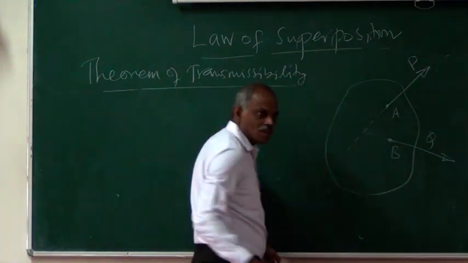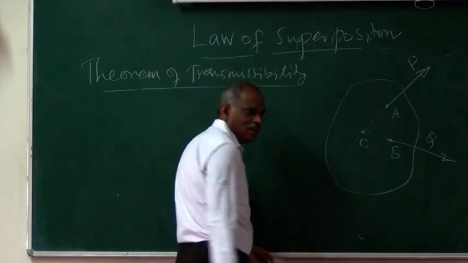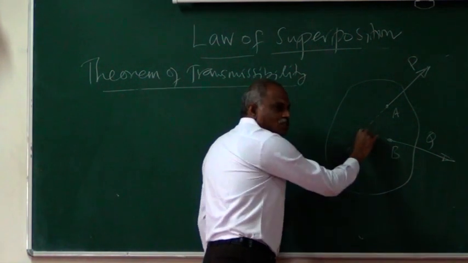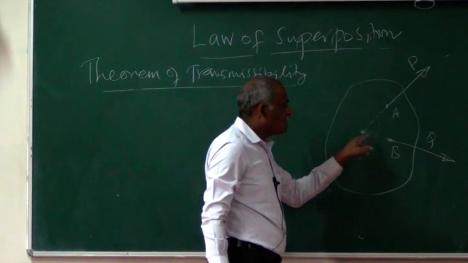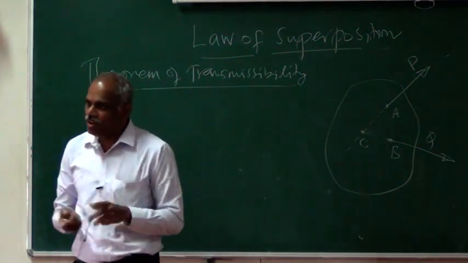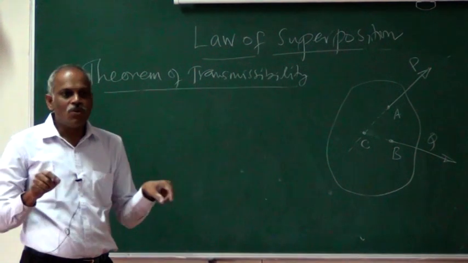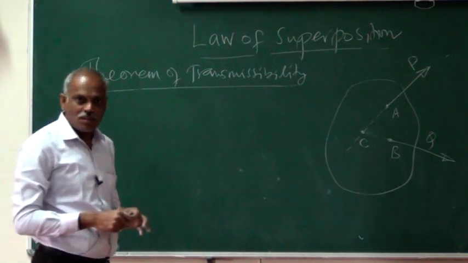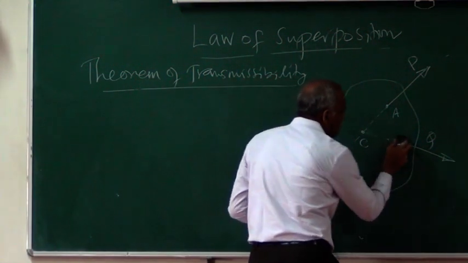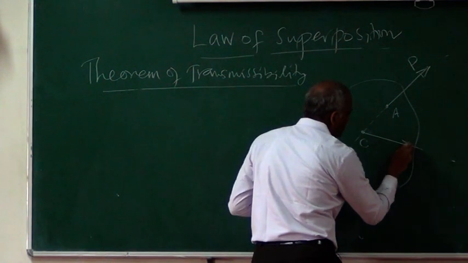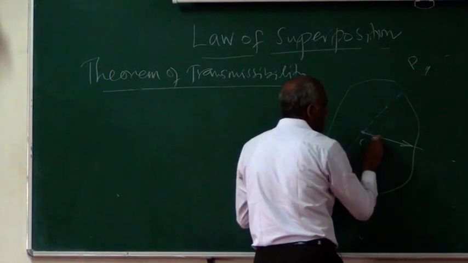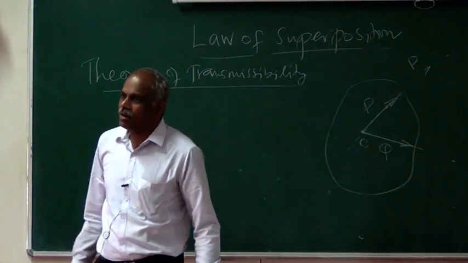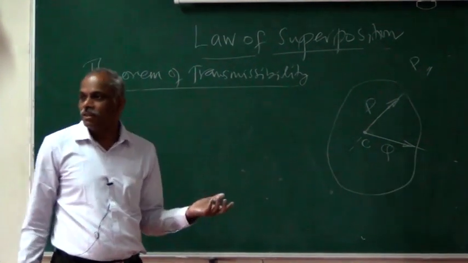You can extend the lines of action and let them intersect at a point C. So using the theorem of transmissibility, you can move the forces P and Q so that they act at the intersection point C. Now both forces act at the same point, and you can use the parallelogram law to get the resultant.